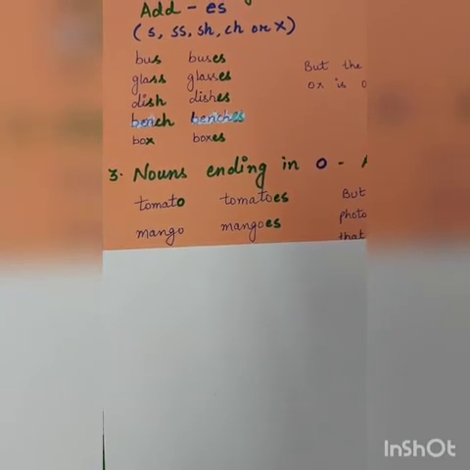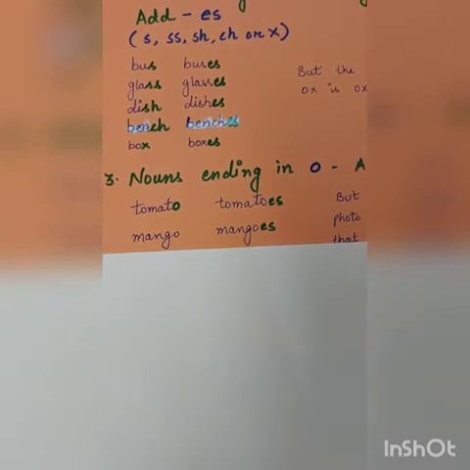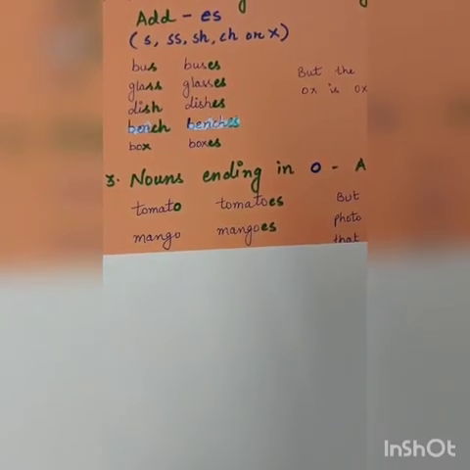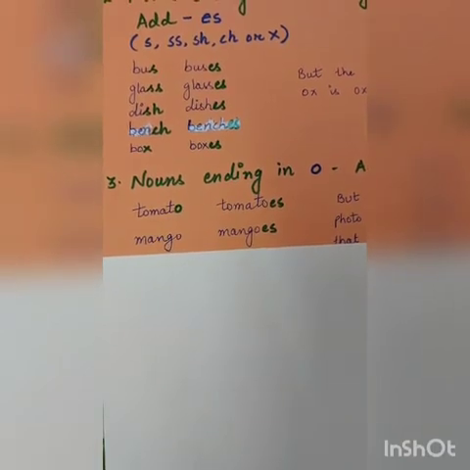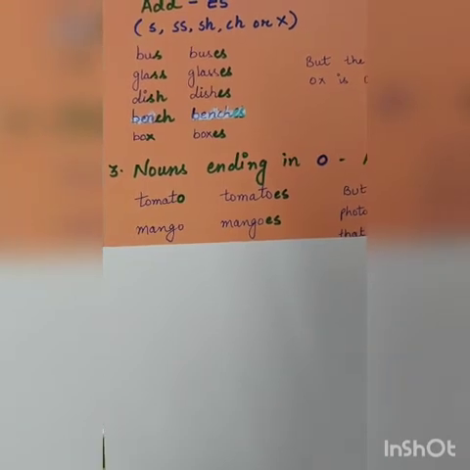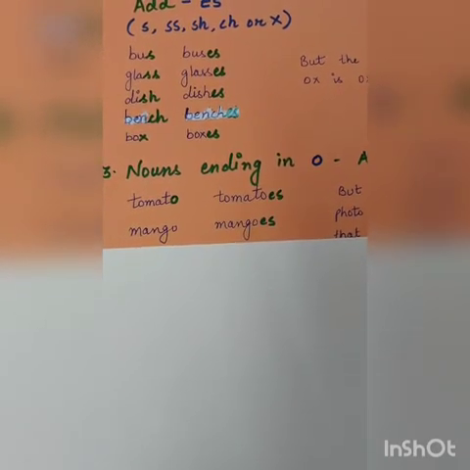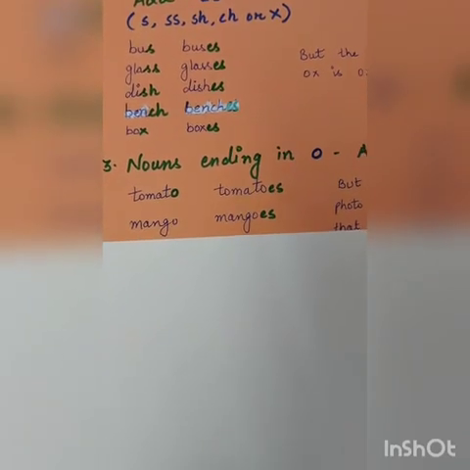So, what do we add to make it into plural? We add es. So, the plural of tomato is tomatoes. Then, in the same way, mango also ends in o. So, again, we have added es to mango to make it plural. So, the plural of mango is mangoes.